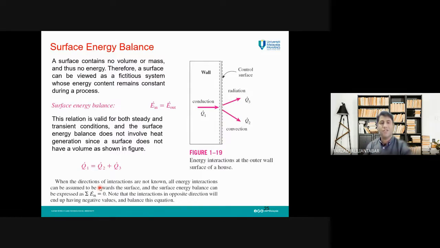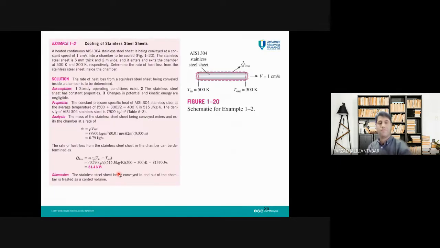After our calculation, you will see the heat transfer to the surface is Q in, positive, and from the surface will be negative. So what you need to know about surface heat transfer is that we don't have any energy on the surface, and we can write this equation for the surface.